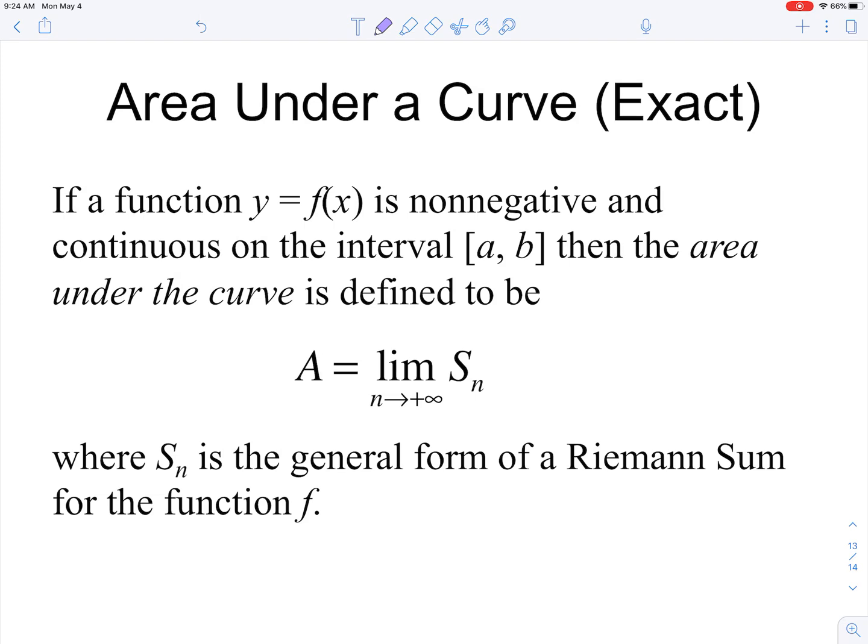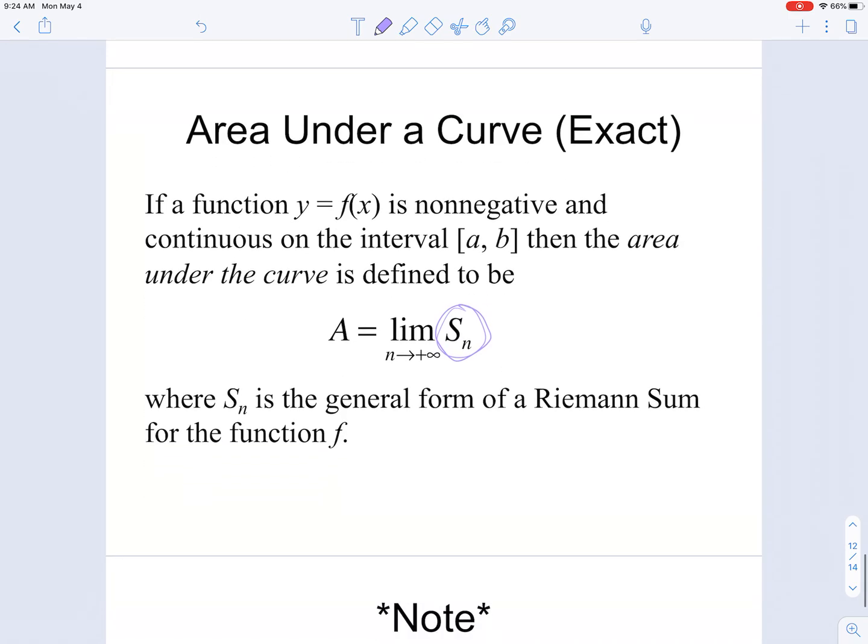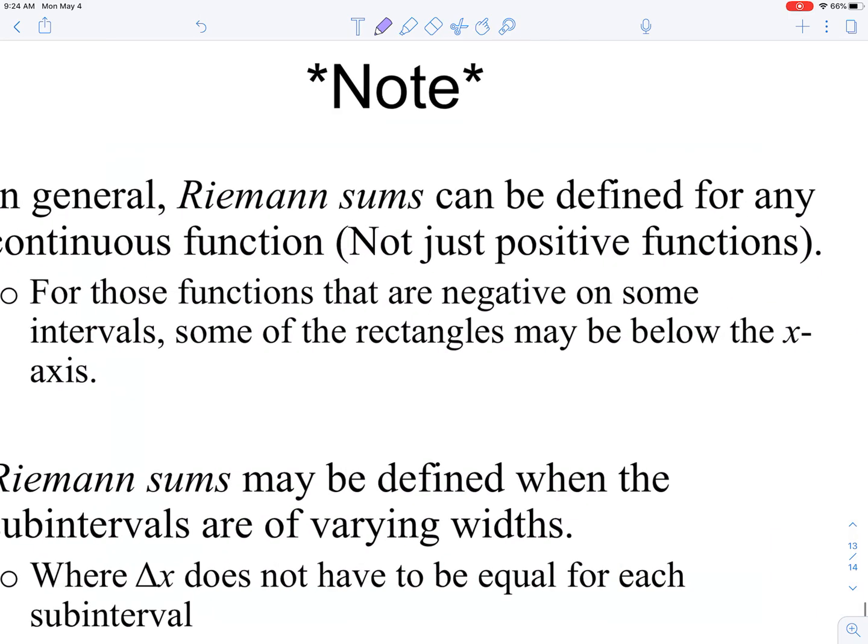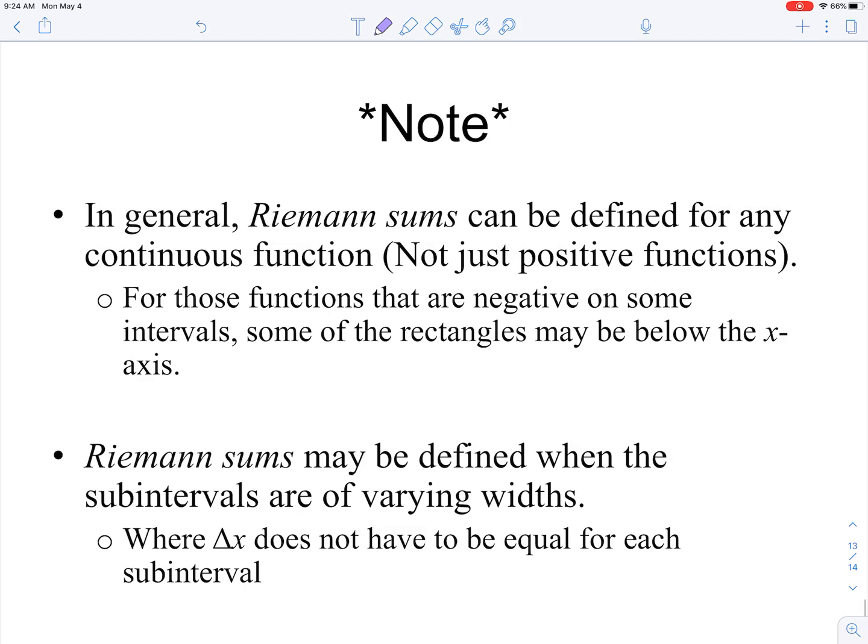So if a function y equals f of x is non-negative and continuous on the interval between a and b, then the area under the curve is defined to be the limit as n approaches infinity of S sub n. S sub n, remember, is the Riemann sum. It's the area of the rectangles. So if we were to think about creating more and more rectangles, infinitely many rectangles, that would end up giving us the exact area under the curve.